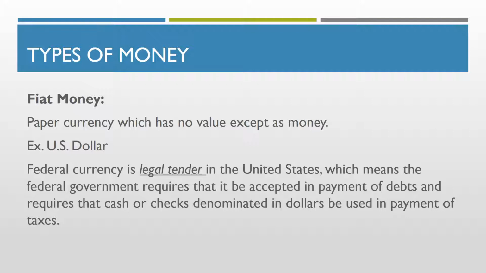It means that the federal government requires that it be accepted in payment of debt, and that cash or checks denominated in dollars can be used to pay taxes. So legal tender is very important for people to pay off debts or pay taxes in the country, because this is the only form of money that the US government will accept.